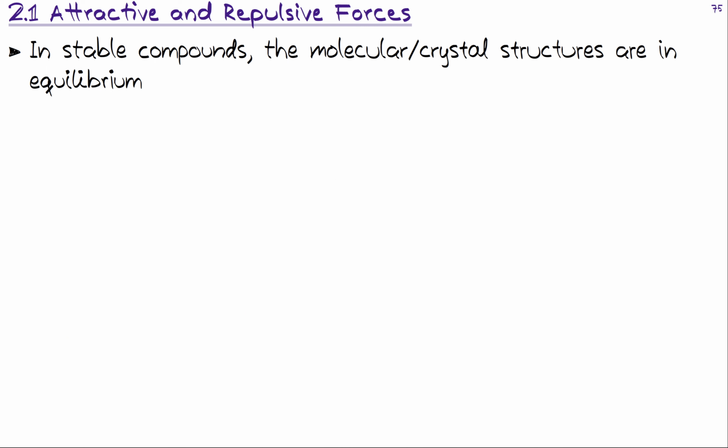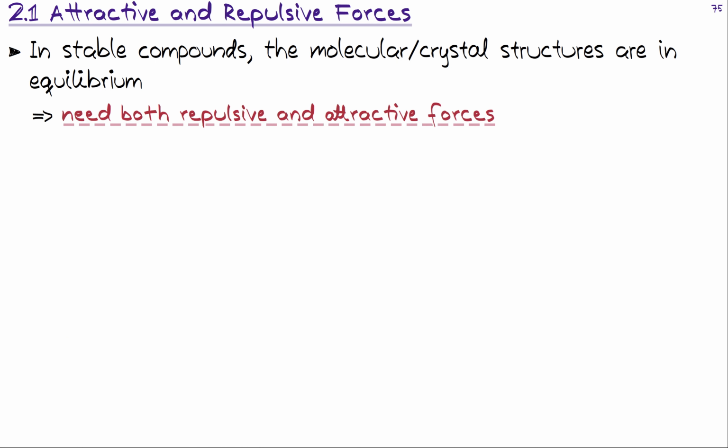So somehow there's a balance that has been formed, and energy-wise, for example, energy has been minimized, and the system is in equilibrium and doesn't spontaneously change its phase. And having this equilibrium in place means that we need both repulsive forces and attractive forces between the atoms so that they form a stable compound.